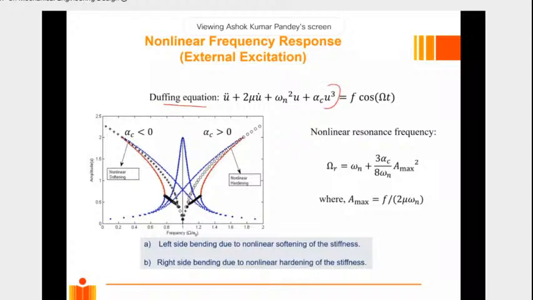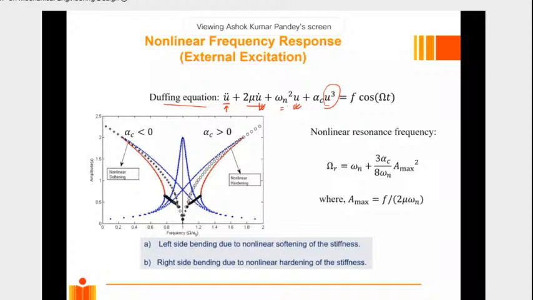So you will see that in the linear equation your inertial term is u double dot, which is linear, and then this is your damping related term, which is again linear, so velocity, and your deflection related term, if there is a linear spring, you just have this one, omega 1, which is linear.